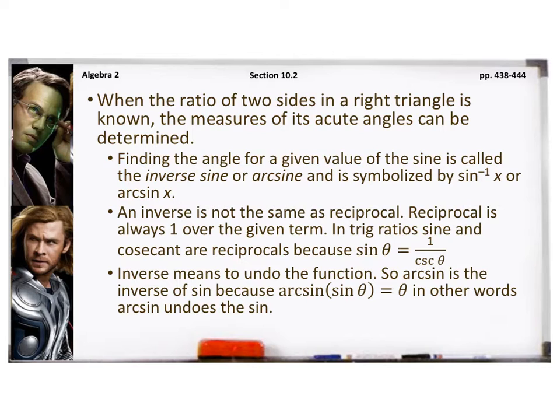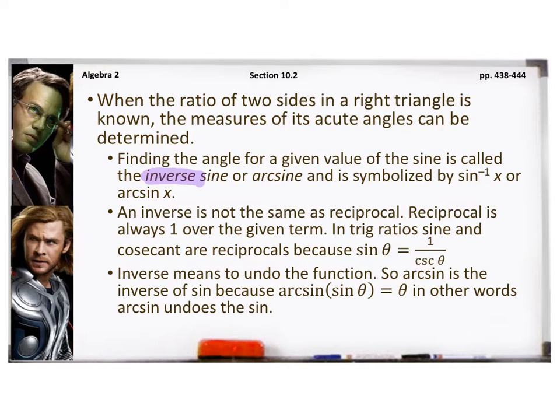All right, when the ratio of two sides in a right triangle is known, the measure of its acute angles can be determined. Finding the angle for a given value of the sine is called the inverse sine function. Not reciprocal. We did the reciprocals.